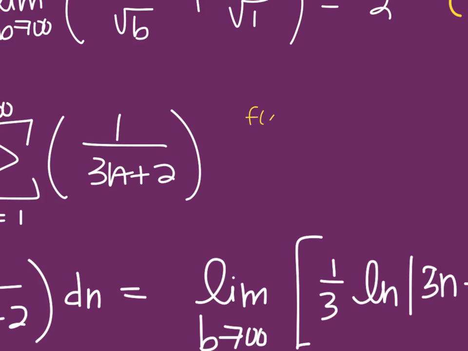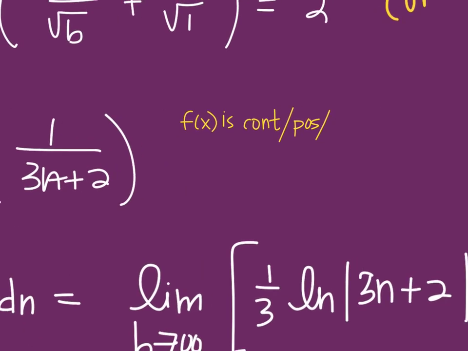So f of x is continuous, just like you would if you were using the mean value theorem. You have to say it's continuous and differentiable. Therefore, the mean value theorem applies. So you say it's continuous. This is a hyperbola. Okay, 1 over 3n plus 2 is a hyperbola. It's continuous, it is positive, it is decreasing. You should know what a hyperbola looks like.